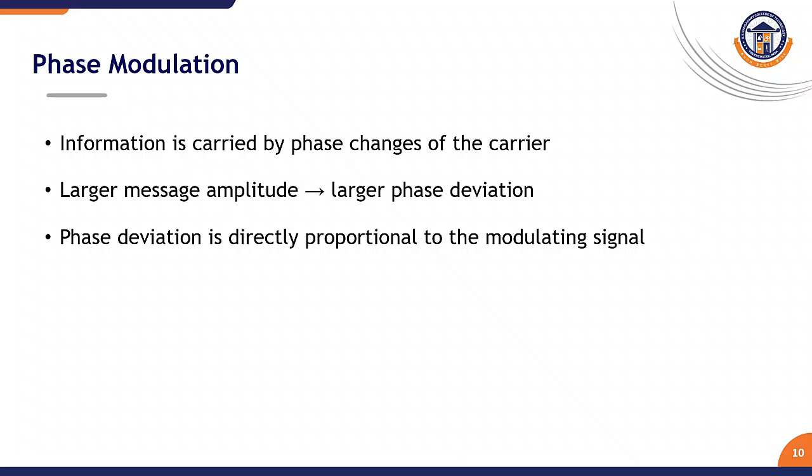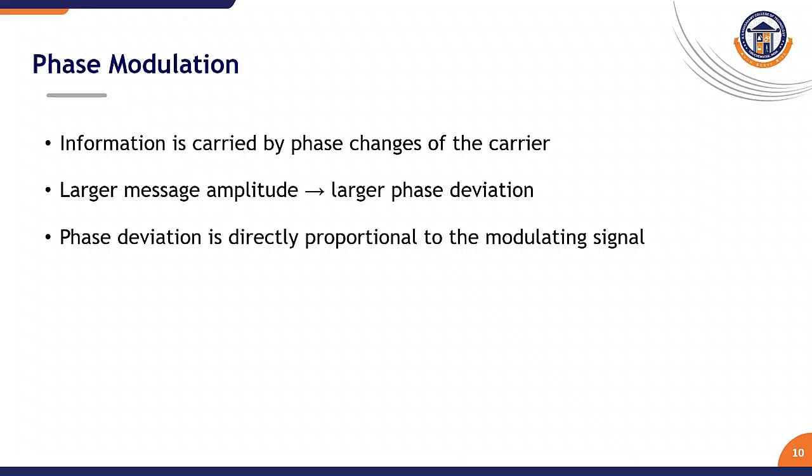So when compared to AM systems, frequency modulation and phase modulation have better noise immunity. On the whole, without modulation, reliable long distance communication would not be feasible. Therefore, modulation forms the foundation for all modern communication systems.